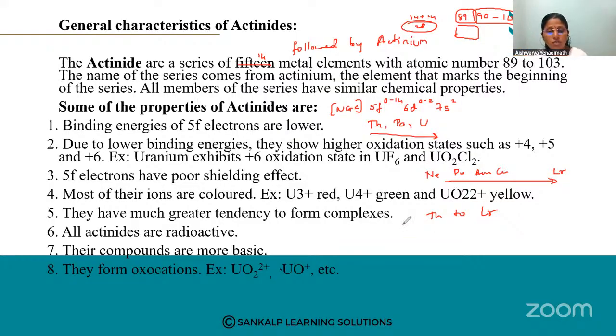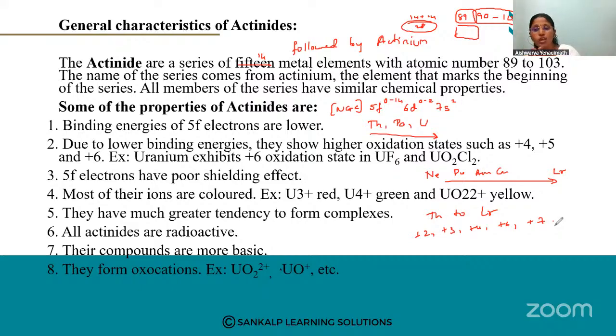Now when you see the oxidation states, actinides exhibit a very great range of oxidation states: +2, +3, +4, up to +6 and +7. The 5f orbitals show variable oxidation states when there is not much difference between the energy levels of the orbitals.